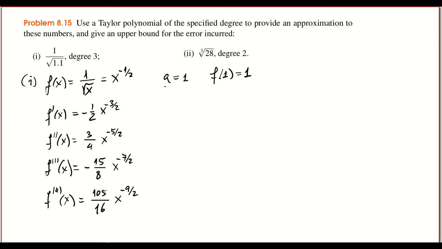From this, and given that we are approximating around the point 1, we have to evaluate these derivatives at 1. So we have the first, which is minus 1/2, the second, which is 3/4, the third, which is minus 15 over 8, and the fourth we're going to need for the remainder.